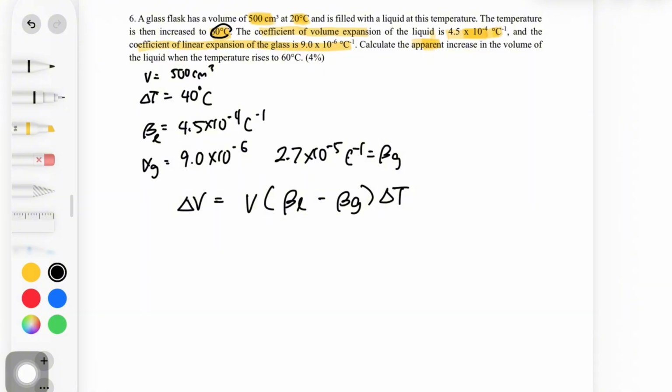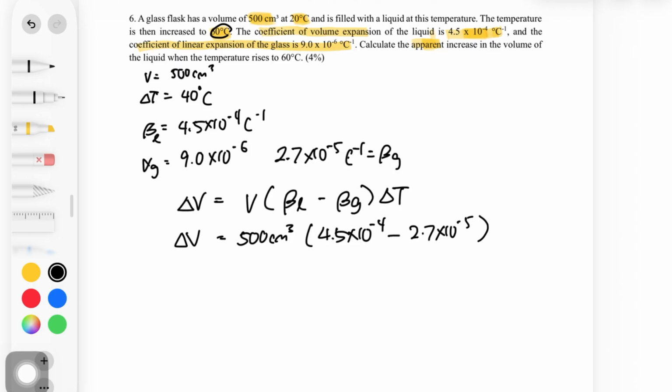So in order to calculate this, let us list down all the things. Change of V is what we want to find, and V is 500 cm cube. There's no need to convert, we can remain at 500 cm cube. And beta of liquid minus beta of glass is 4.5 times 10 to the power negative 4 minus 2.7 times 10 to the power negative 5.